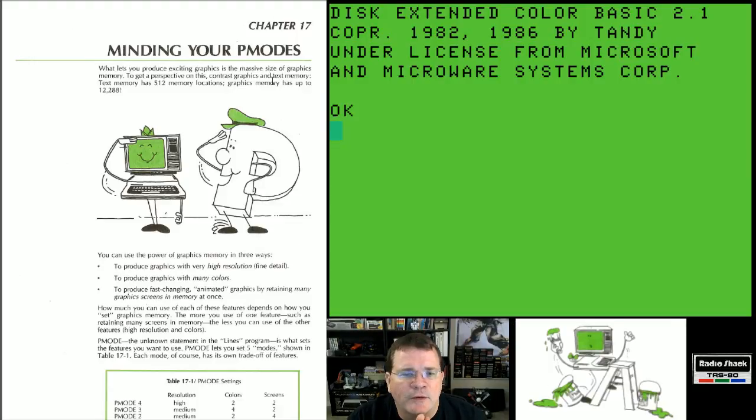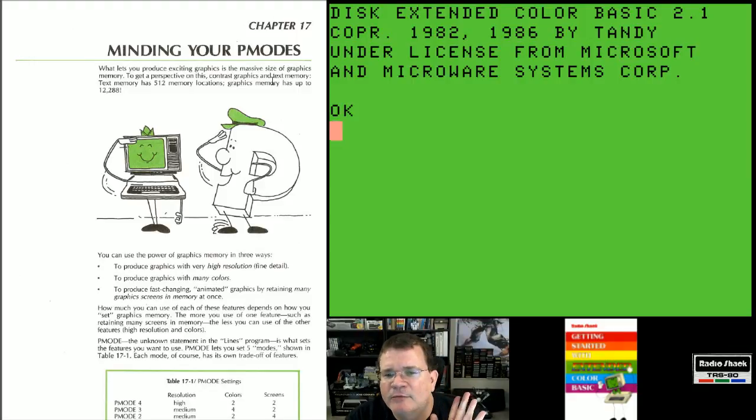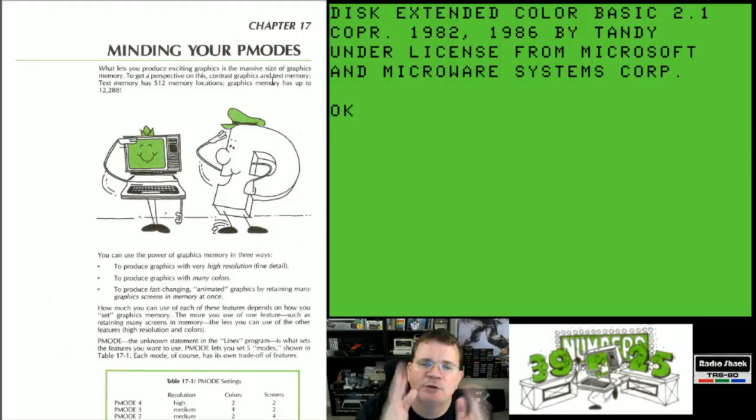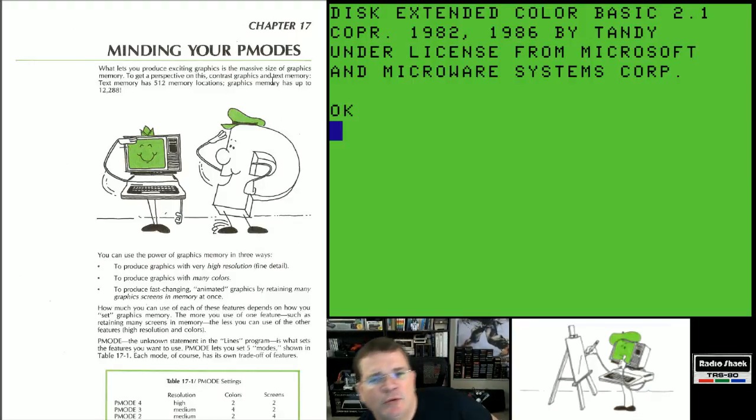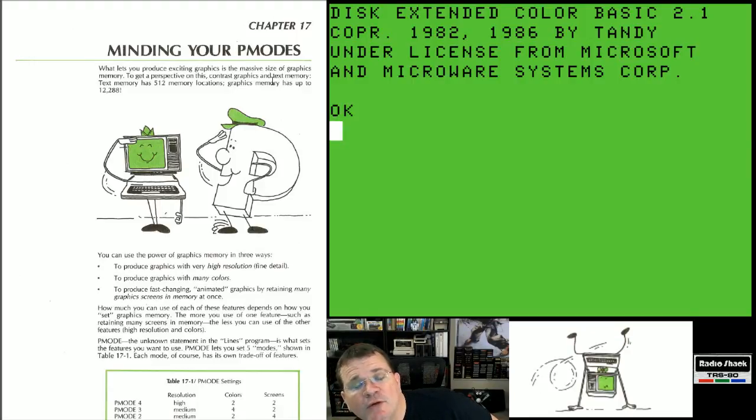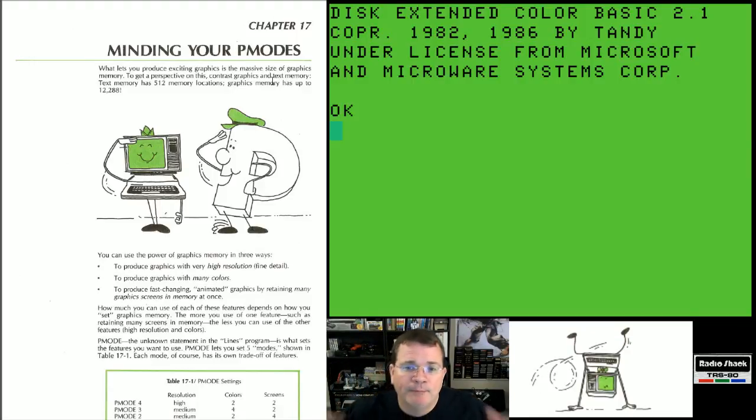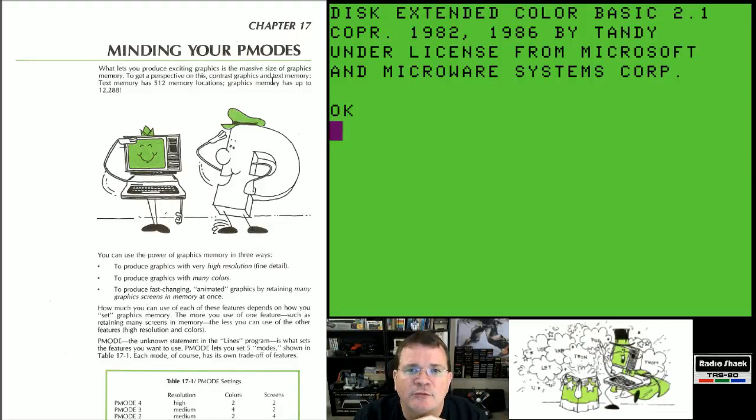Where am I going with all this? Your text screen, this green screen that we're looking at right now, has 512 bytes or 512 characters of information, which is 1/2 of a kilobyte. But our graphics modes can take up to 12K, which means they are 24 times larger an amount of memory than the text screen, right?